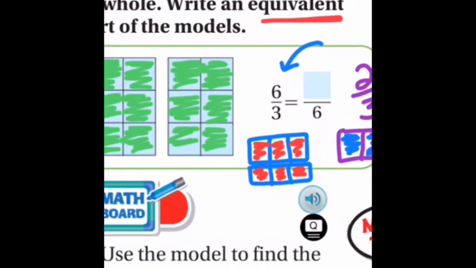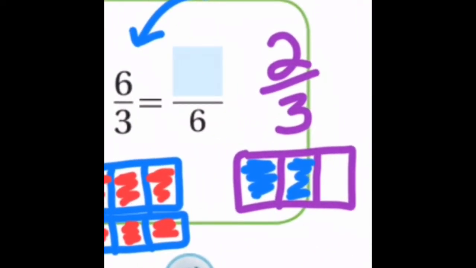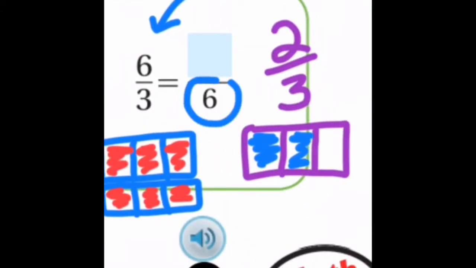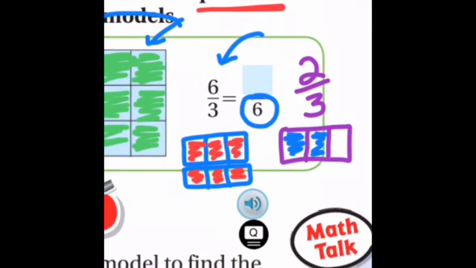Okay, so we need to write the fraction for that right here. All right, so they already told us that these shapes are divided into 6 equal parts, and that's why the denominator is 6, because they're both shaded into sixths.